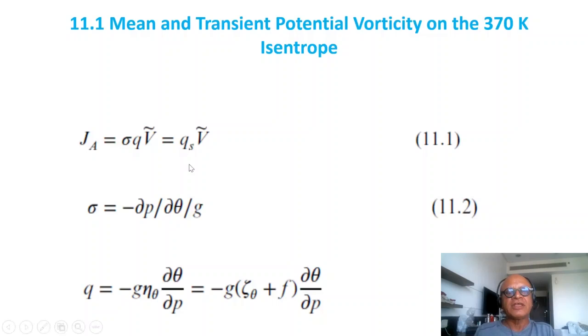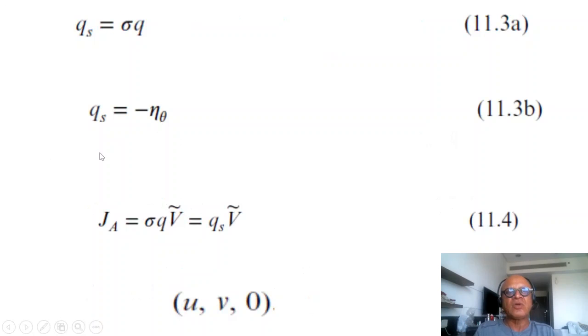So we will try to see how the potential vorticity that is set by these processes of diabatic heating and injection into the upper atmosphere is being circulated around. We will look at that in the isentropic construct.